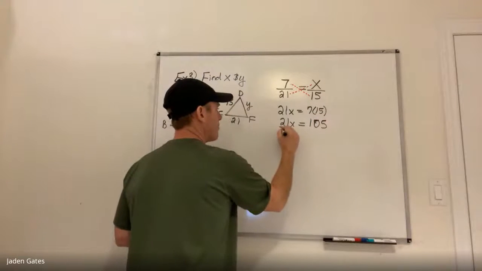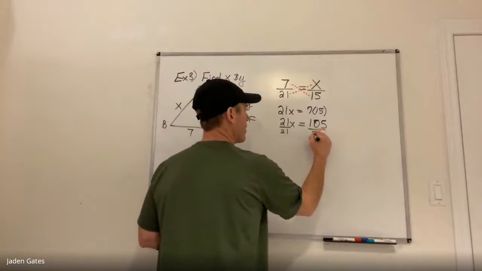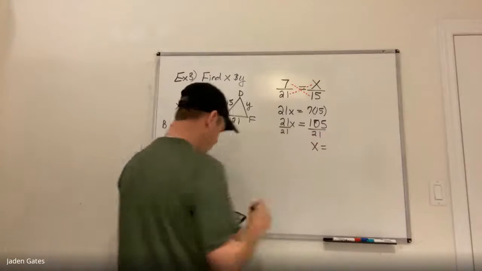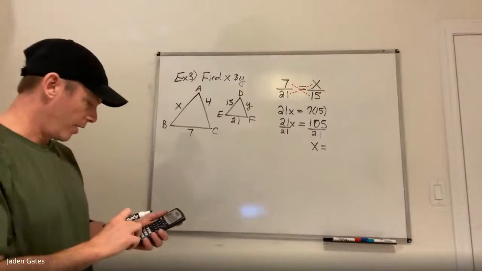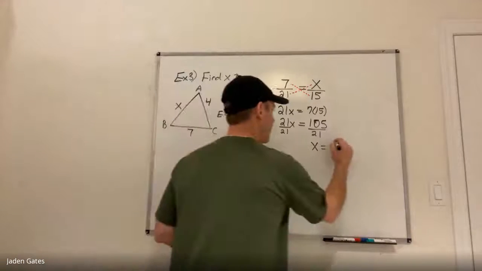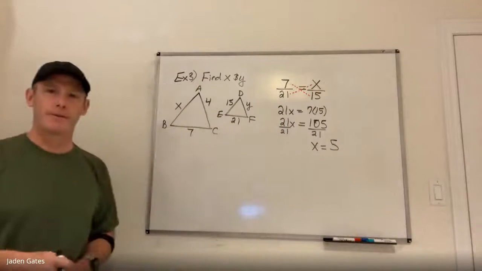And of course, I'm going to divide both sides by 21 to get x by itself. And so I take 105 divided by 21, and I find out that x is 5.